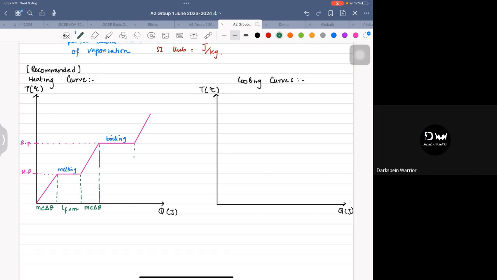In this section again it is boiling, so it will be latent heat of vaporization times mass. Latent heat of vaporization is different from latent heat of fusion because it is harder to boil something than to melt it, as it requires greater energy. Again, where the temperature is changing, mc delta theta.